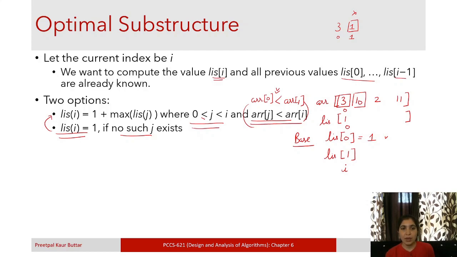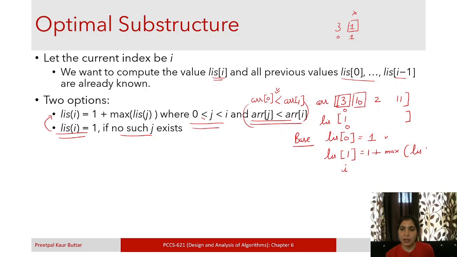So your subsequence length will be 1, because our condition is satisfied, plus the maximum out of the previous subproblems which you have already solved.